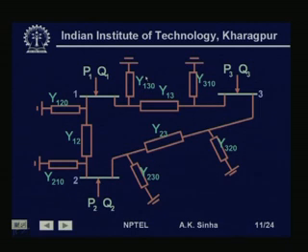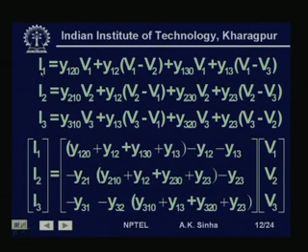So, we have I1 is equal to Y120 V1 plus Y12 into V1 minus V2 plus Y130 into V1 plus Y13 into V1 minus V3.